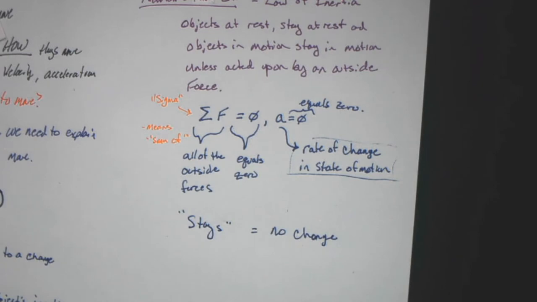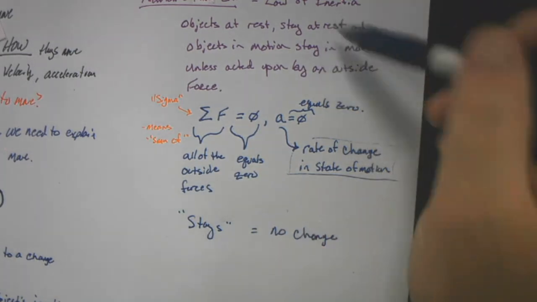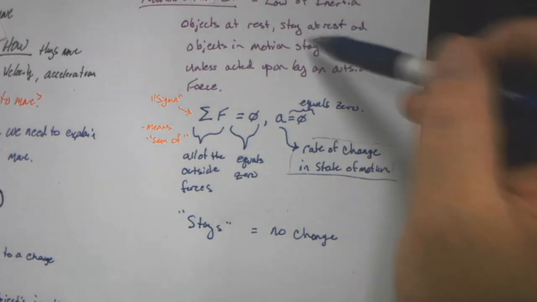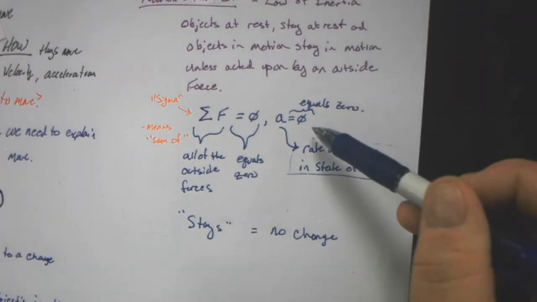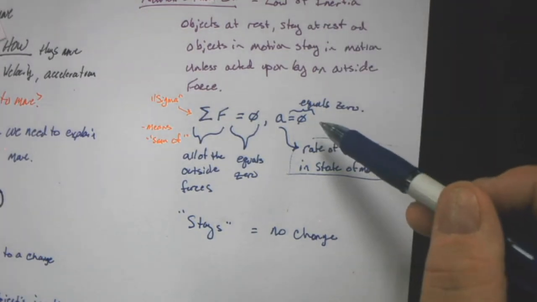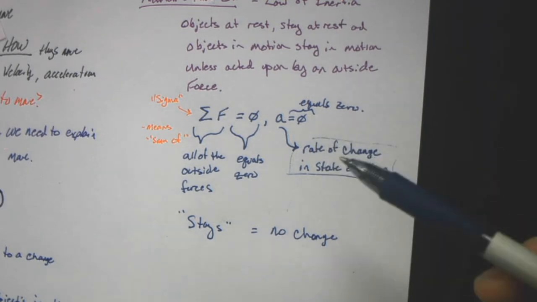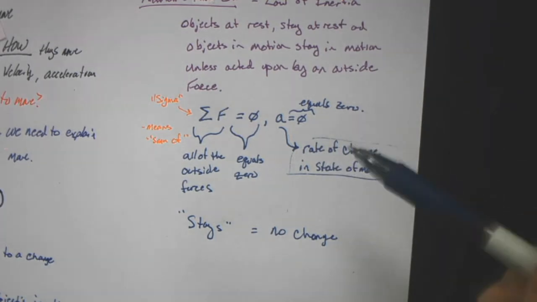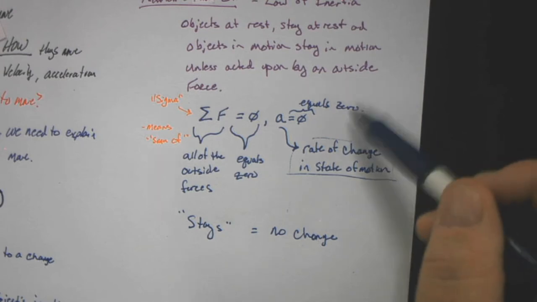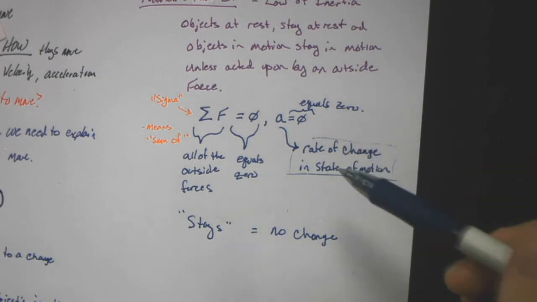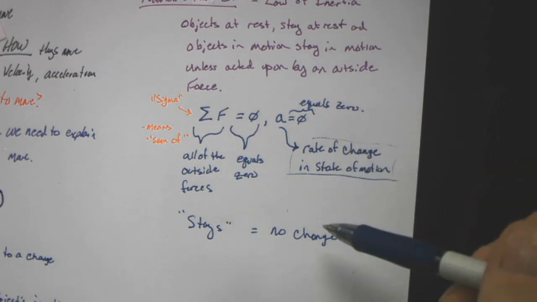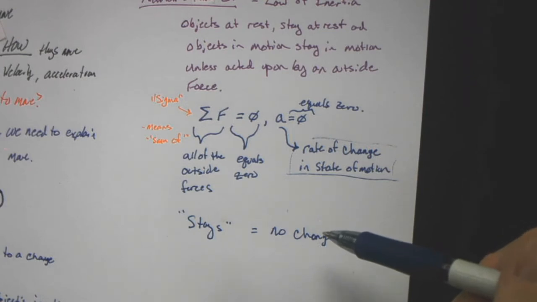If something stays, it doesn't change. We need to be able to go back and forth between not doing anything and equaling 0. If its motion isn't changing, its acceleration equals 0. If something's not moving, its velocity equals 0. You guys follow me there?